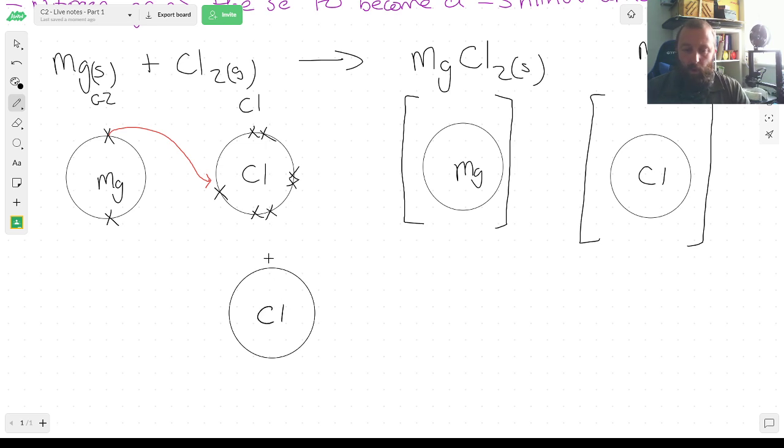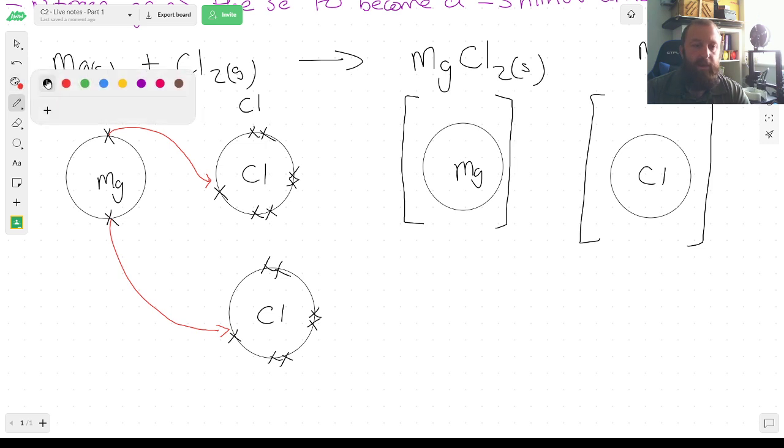So let me put another chlorine in, because that second chlorine is going to take that second electron. Now, remember, magnesium has lost 2 electrons, so it's going to become positive 2. Let's go back to black, just to try and keep things consistent.